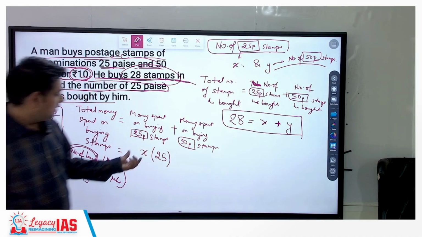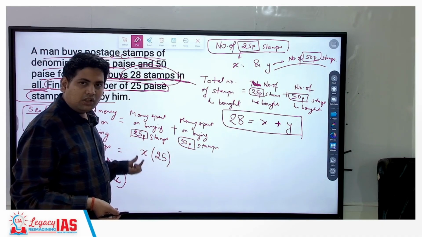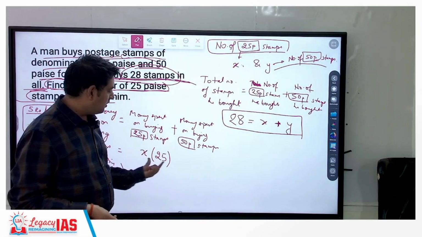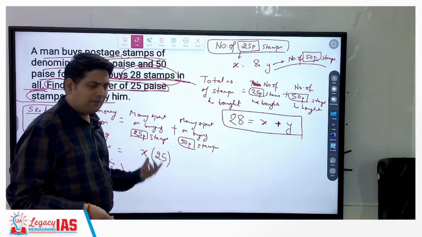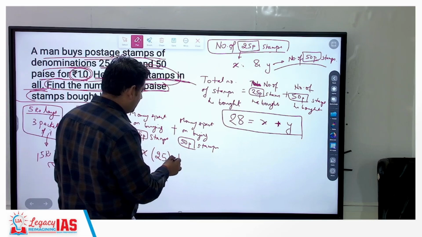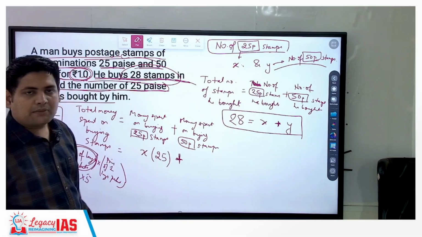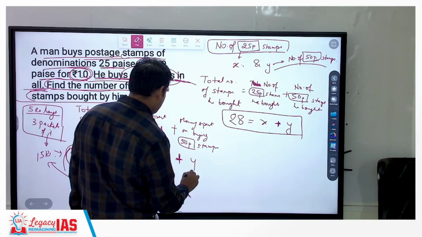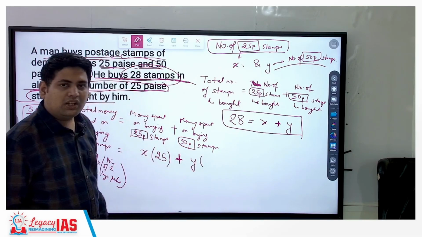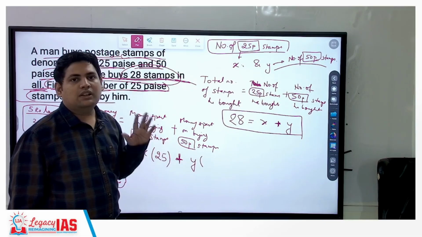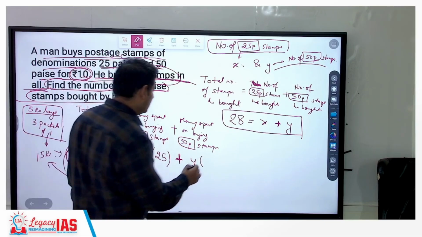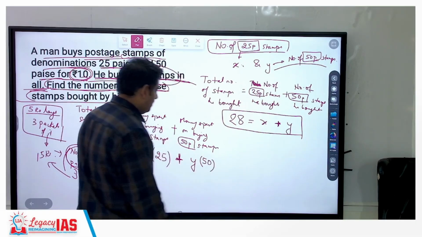Understood? This is the number of stamps into the cost of one stamp. Cost of one 25 paise stamp is 25 paise. Now the same thing you do here also. What is the number of 50 paise stamps? It is y, and you multiply it with the cost of a 50 paise stamp, which is 50.